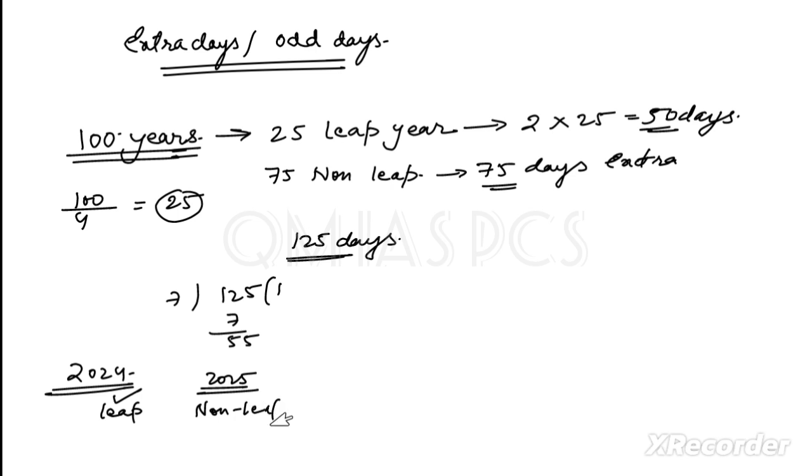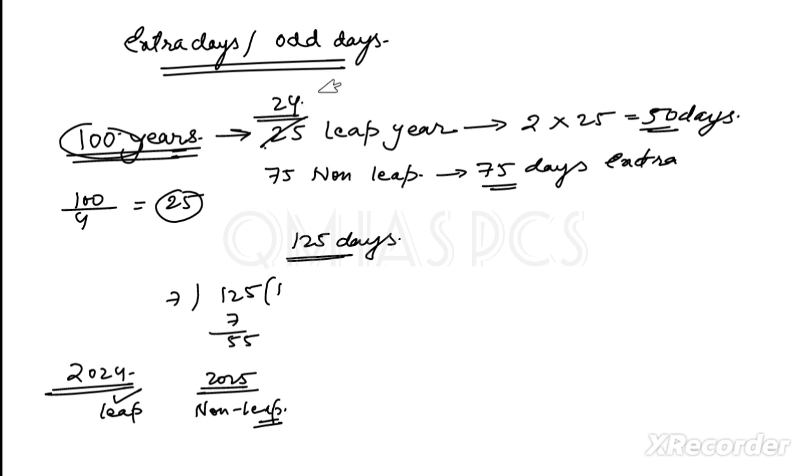But for centuries, there is a different concept: we have to divide by 400, not 4. Is it clear? So when you divide 100 by 400, obviously it is not divisible. That means there are not 25 leap years, there are 24 leap years.